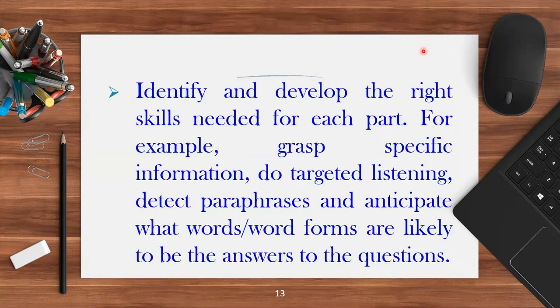Paraphrases are very, very important because the wording of the information that you hear would be paraphrased for you as questions and as multiple choice options in parts B and C. You should be able to tell what information has been paraphrased to get your answers.